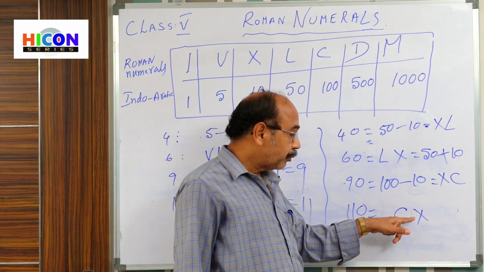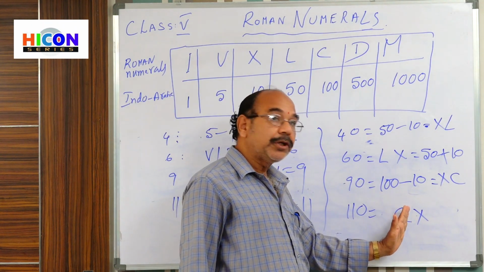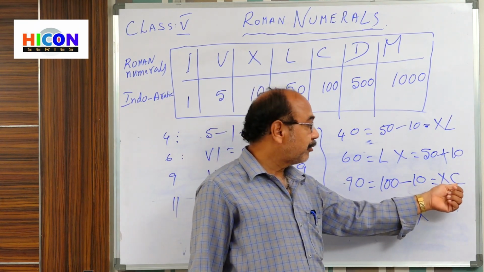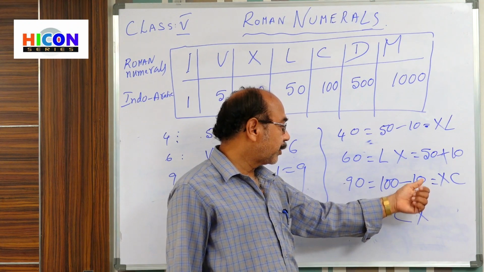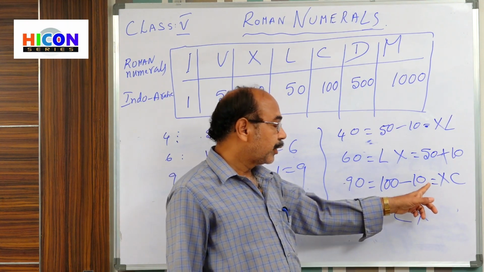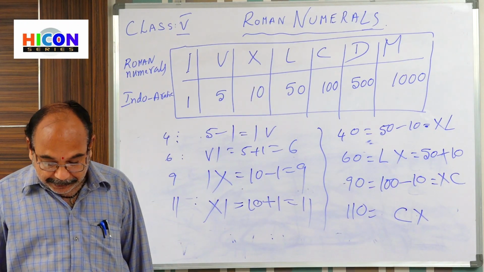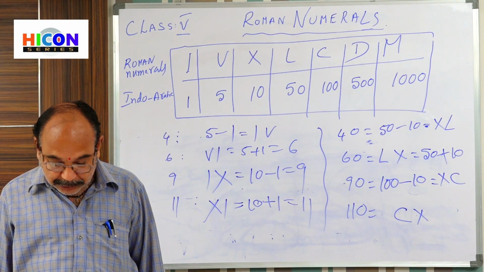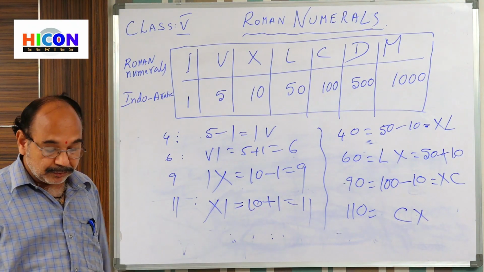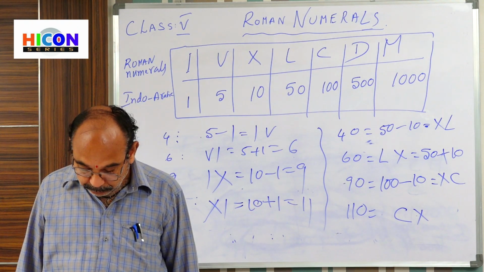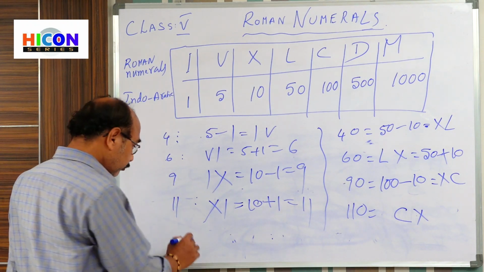In the addition, the smaller symbol came to the right side. In the subtraction, the smaller one came to the left side. X is written to the left. Symbol C can be added to or subtracted from the next two symbols, D and M, is the last one. Suppose 400, 600, 900.